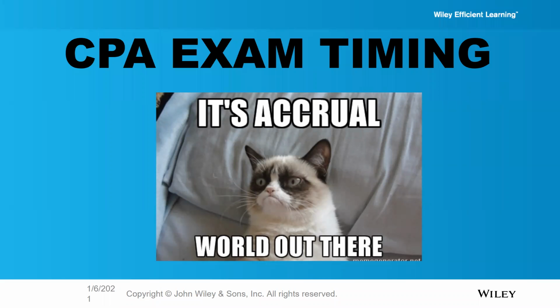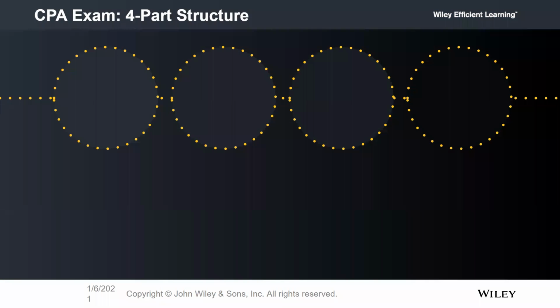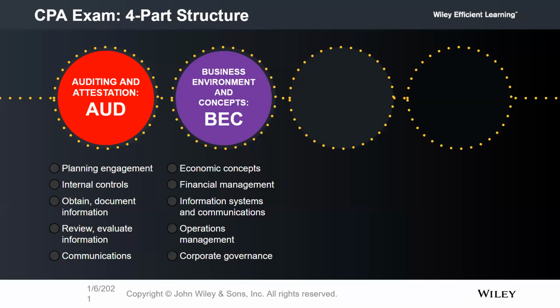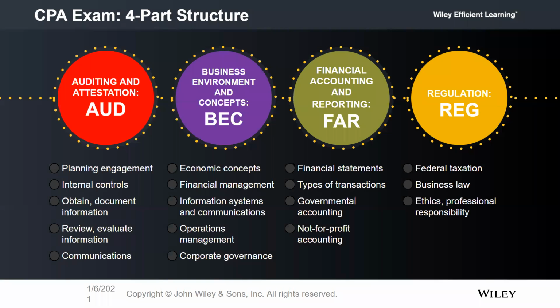Now on to the CPA exam timing. I will be sharing with you what the structure looks like. I know there's a lot of information, but no need to be overwhelmed. The main 4 sections are the auditing section, the BEC section, which is a little bit more general business information, and the FAR section.